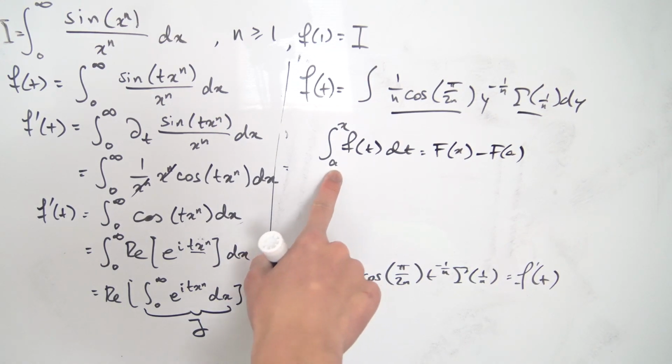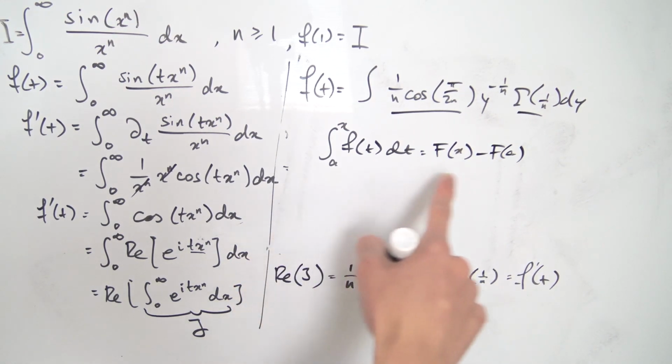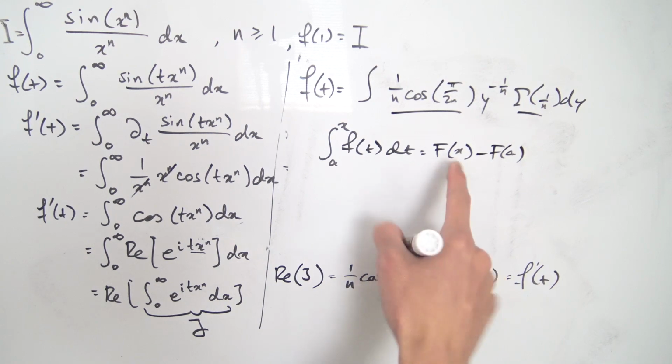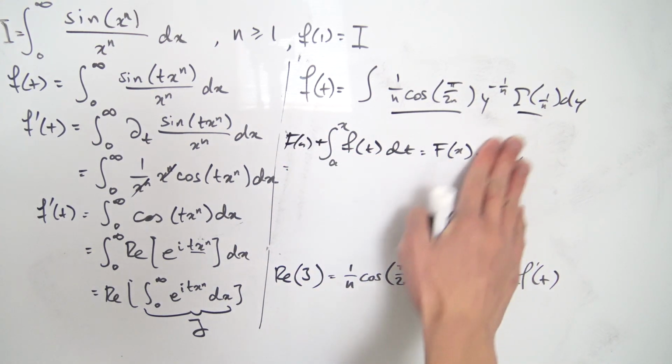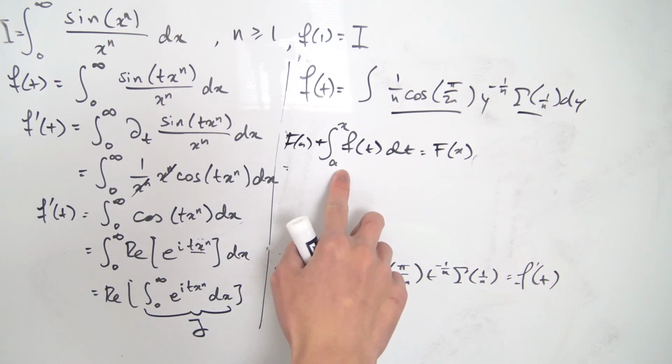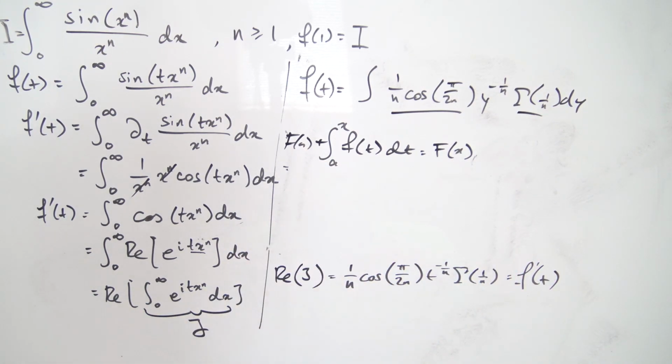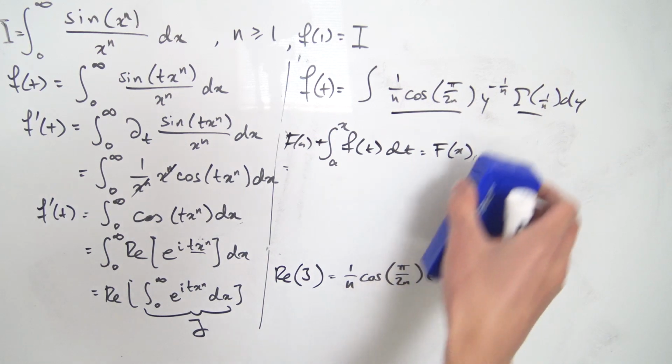And a is kind of like the initial condition, and if we want our primitive f of x, then we just need to add on f of a onto the other side, and that's going to give us our primitive, and it takes into account the initial conditions all in one go. So that's basically what I'm trying to do right here.